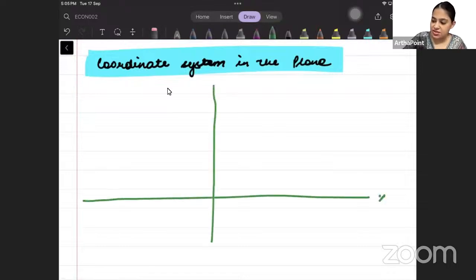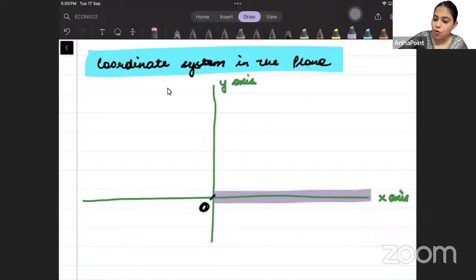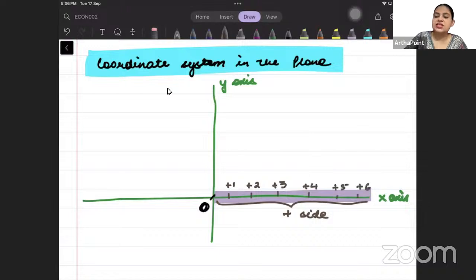This is my x-axis, I have called this the x-axis, and this is my y-axis. This part, suppose beta, this is 0, right beta? This part which will come here, this is the positive side of the x-axis. Positive side, meaning here I will have +1, +2, +3, +4, +5, +6 and so on.